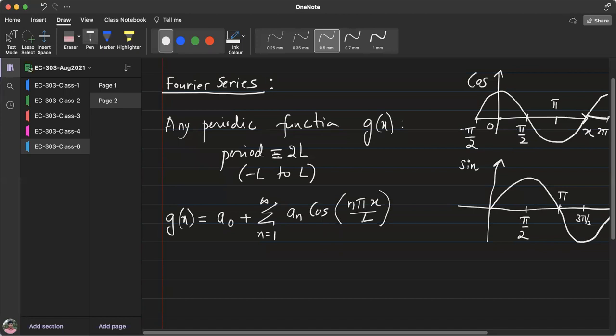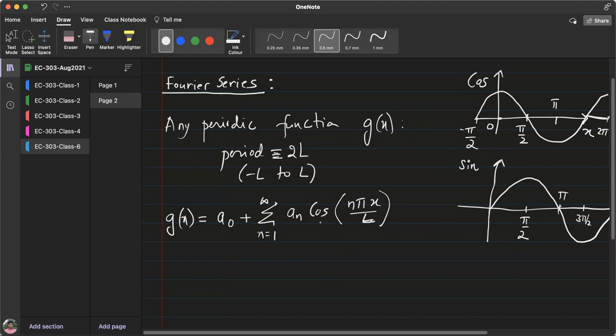The first term in the Fourier series is that any given function has some constant value a0. It is just to take things up and down. As you know, sine and cosine vary from -1 to 1 on the y-axis, so this helps you add some constant value. Of course, you also have the amplitude here.